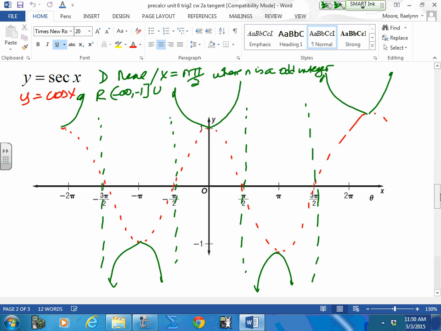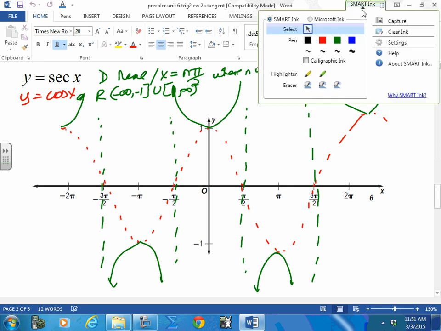Or they go from 1 to infinity. That's 1 to infinity. And we can use 1, can't we? Because the reciprocal of 1 over 1 is 1. So that's the only point that these two curves have in common. It's a lot to look at. Okay?